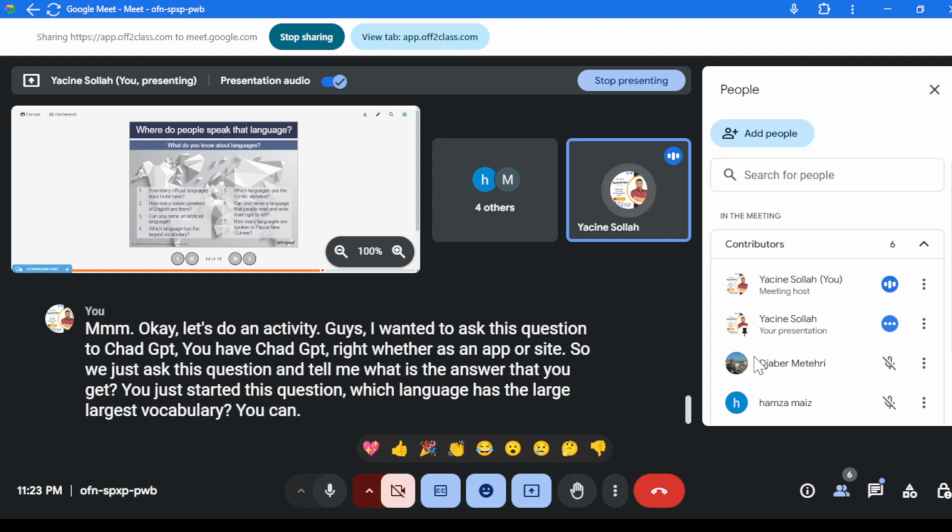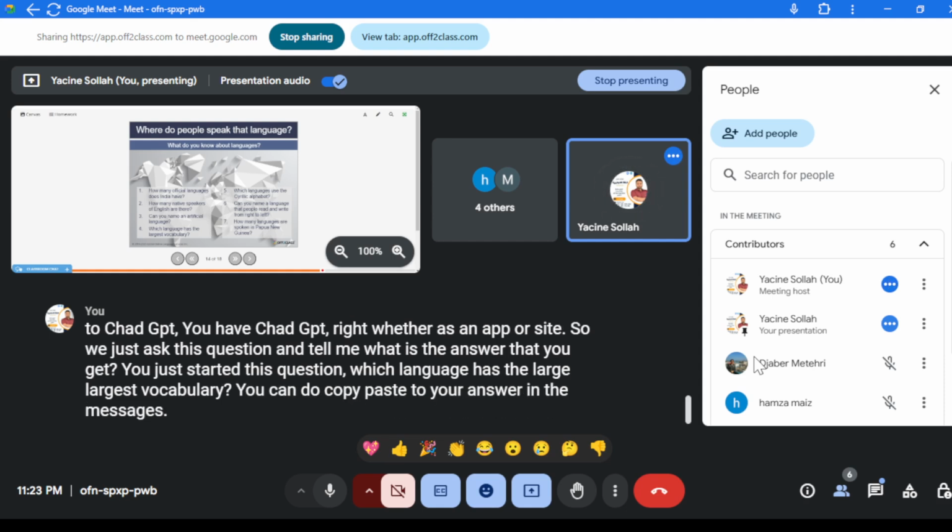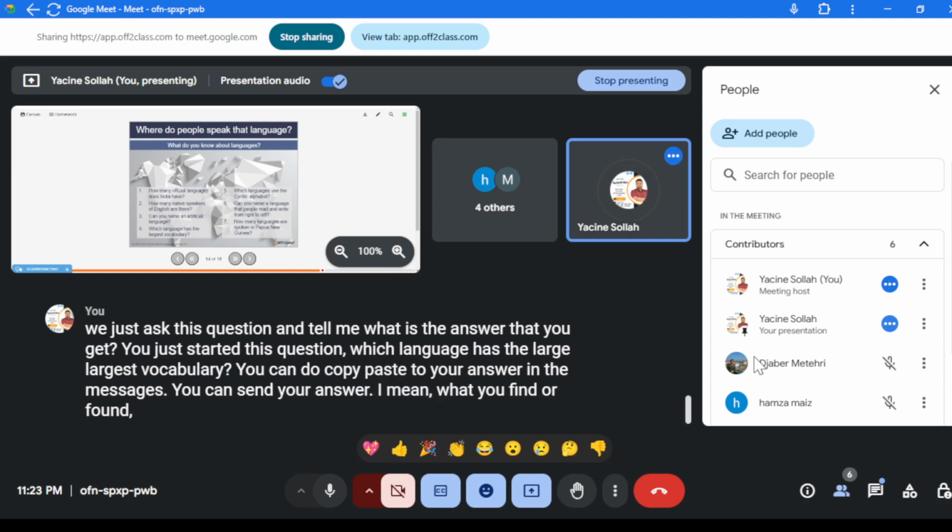You can copy and paste your answer and send what you find in the messages.